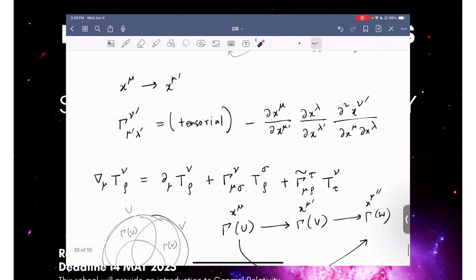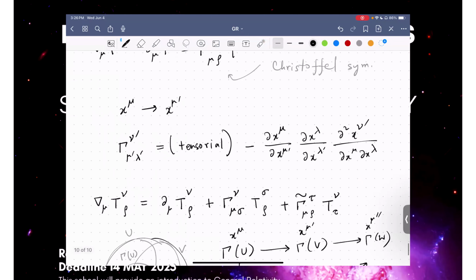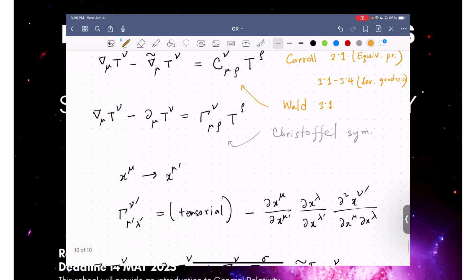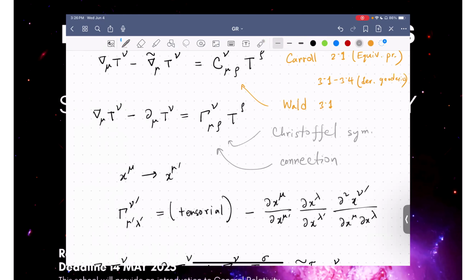Okay. So another comment about notation. These symbols will also be referred to as a connection from time to time. But something to keep in mind is that connection also refers to the full derivative itself.